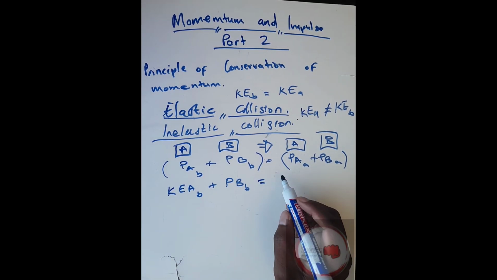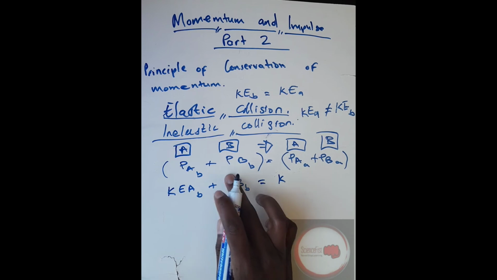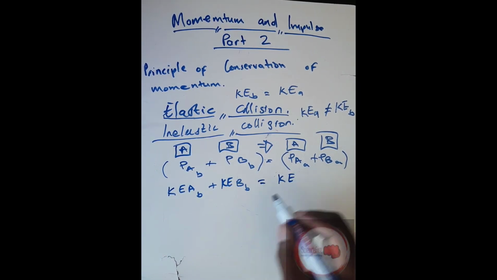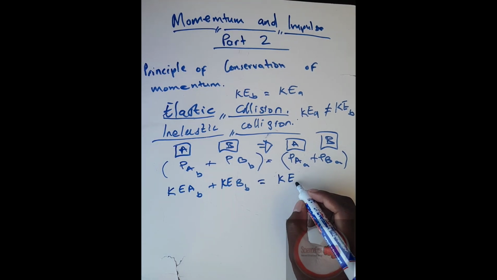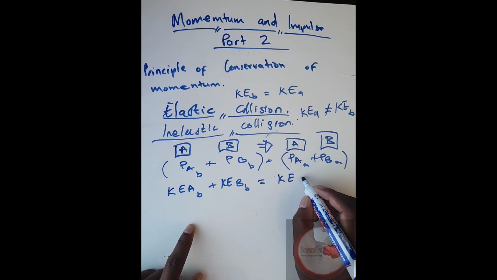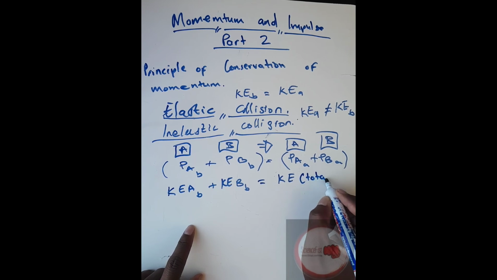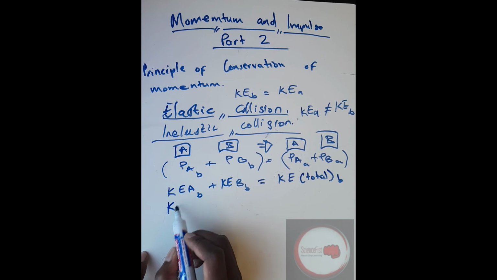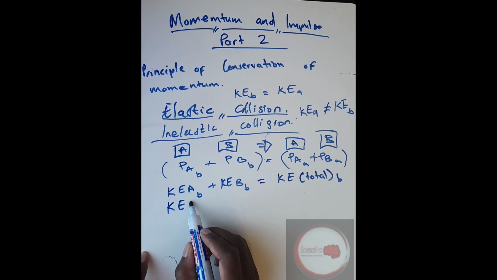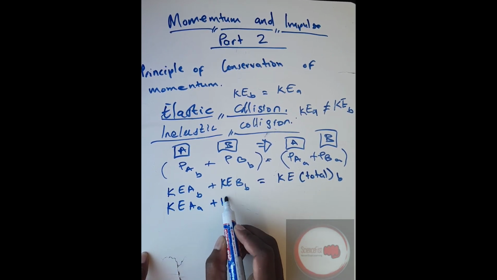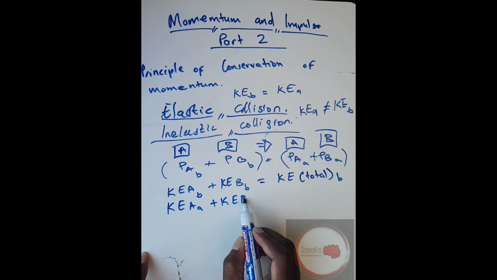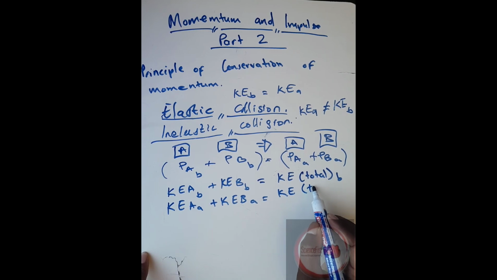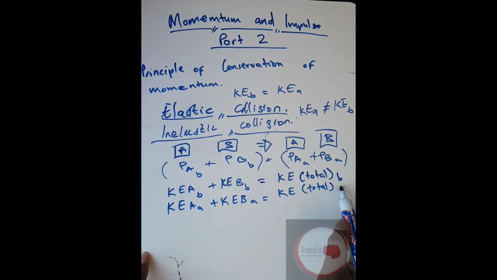So this will be, sorry, I meant to write kinetic energy there. So this will be kinetic energy total of before. Then you do a separate equation: kinetic energy for A after plus kinetic energy for B after. Then you get kinetic energy total for after.